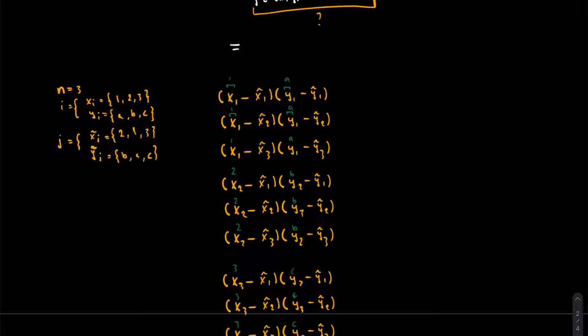So for the first j equal 1, it should be 2b. Okay, so j equal 1, this is 2b. And for the second position, we have 1a. So this is 1a. And the third is 3c.